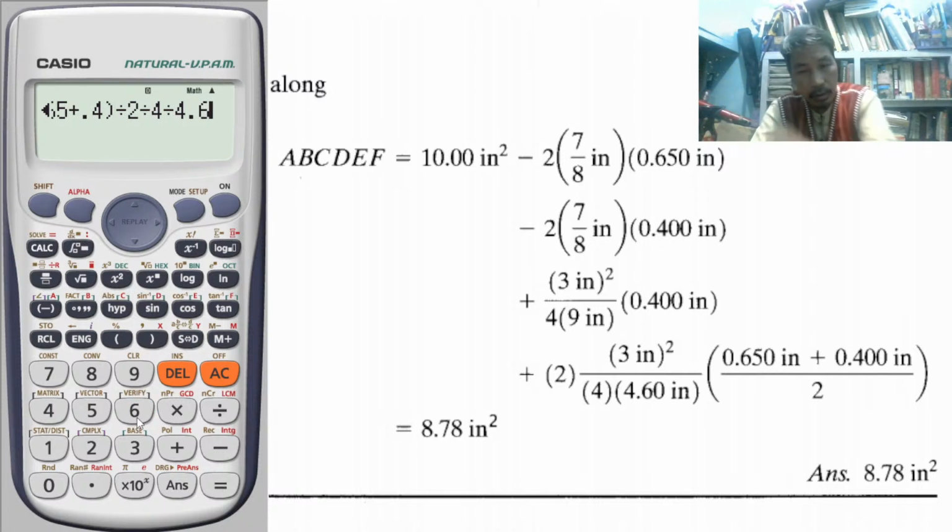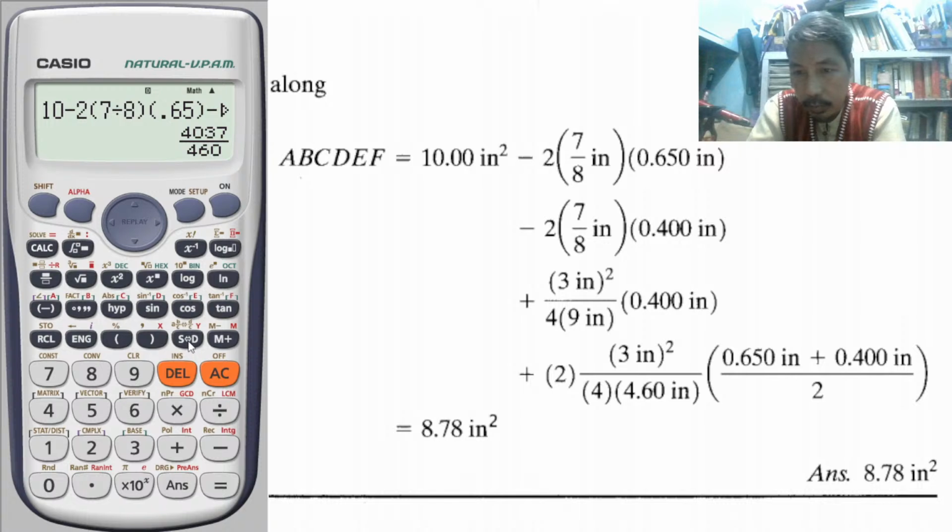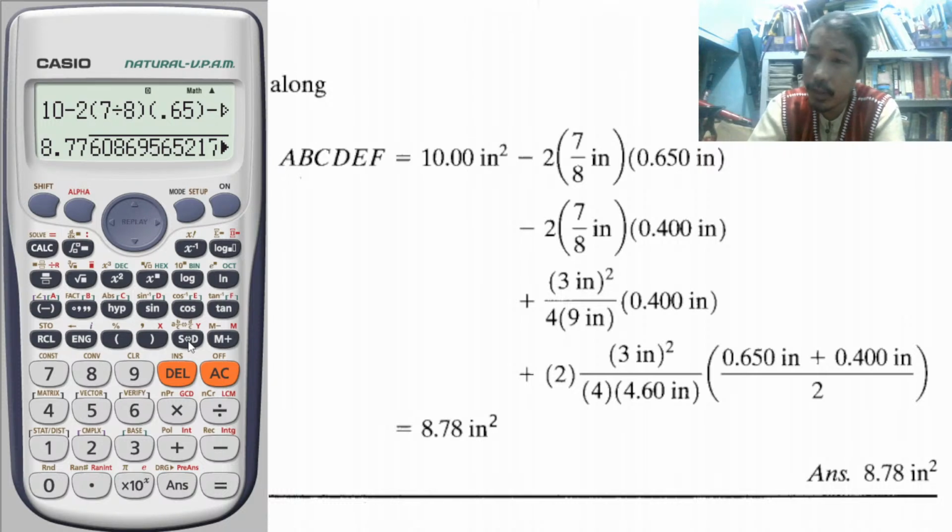Okay, so that's all. If you press the equal button, what would be the result? The result would be 8.78, to 3 significant figures. So 8.78 square inch. That is our net area.